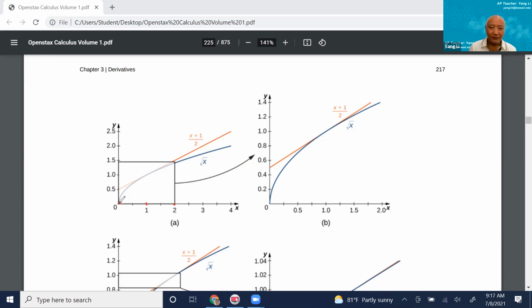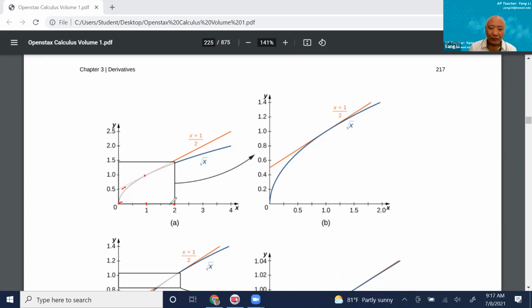You can see that this curved gray line is tangent at x equals 1 with the tangent line like this. But you can still see that between the curved line, square root of x, and the straight line, (x plus 1) over 2, there is some gap.